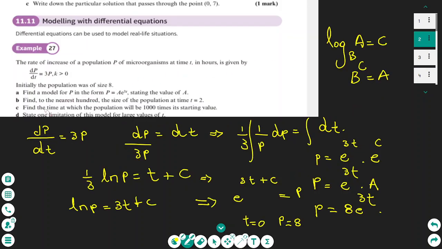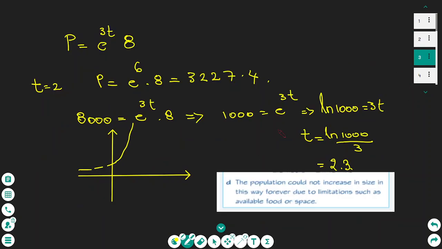And the last part is to find one limitation of this model. One limitation is that the exponential function goes to infinity, which means the population will go to infinity eventually. But this is not possible in reality because food is limited and resources are scarce. It's not possible for any population to go to infinity.